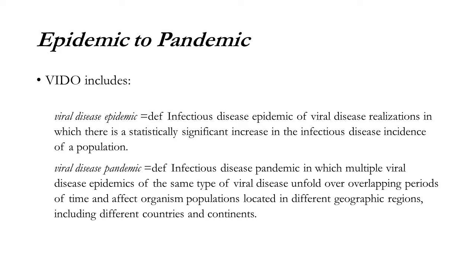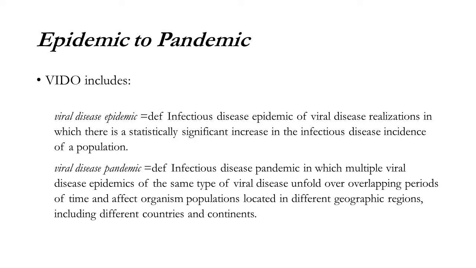And in this respect, IDO and also IDO COVID-19 have virus-specific epidemic and virus-specific pandemic terms. We're treating a viral disease epidemic as a process, an infectious disease epidemic of viral disease realizations in which there is a statistically significant increase in the infectious disease incidence in a given population.